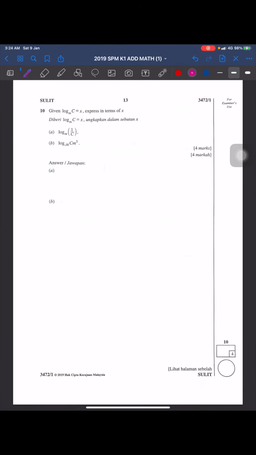Okay, next is question number 10. Given log base m c equals to x, expressed in term of x. So the first part, A, kita ada log m 1 over c kan. So c ni kita boleh bawa naik atas sebenarnya. So kita akan dapat log m c power of negative 1.